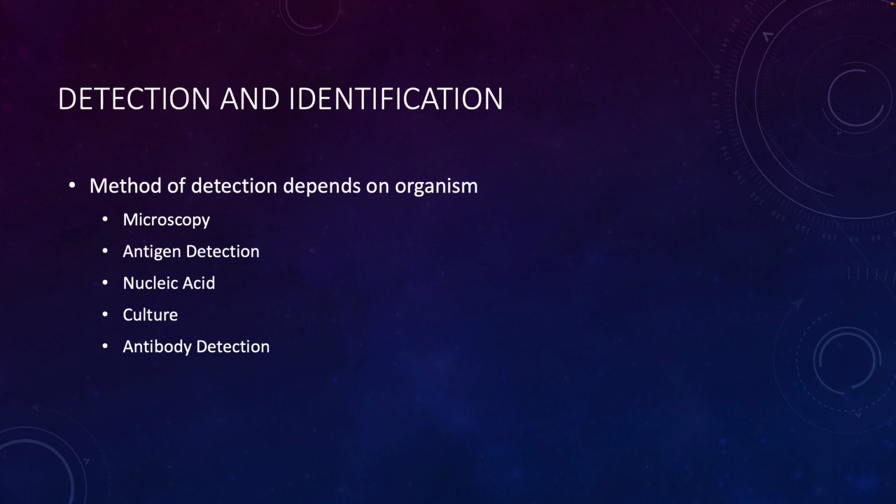But we can always go to some sort of serological or nucleic acid test if we're having trouble using culture to identify, if we're talking about an intracellular bacterium that's very difficult to culture, or if we need a more rapid response. So there are lots of options for those of you working in a clinical setting for how you want to detect and identify the infection.